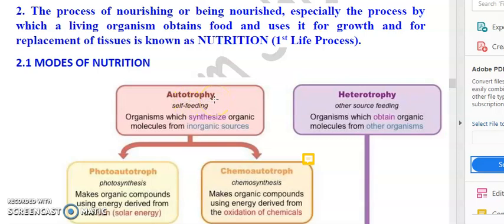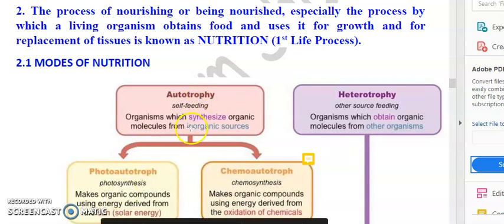Trophy is their means of nutrition. Right? So they are autotrophs, and this mode of nutrition where the organisms are synthesizing their own carbon-rich organic sources of food is called the autotrophic mode of nutrition. And of course, they are able to synthesize the organic food from inorganic substances like ions and atoms, etc.